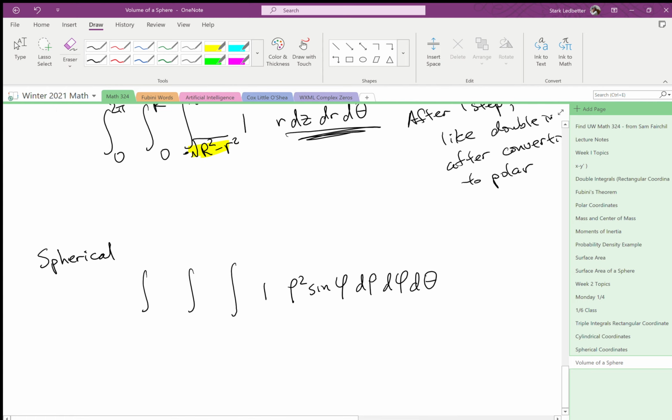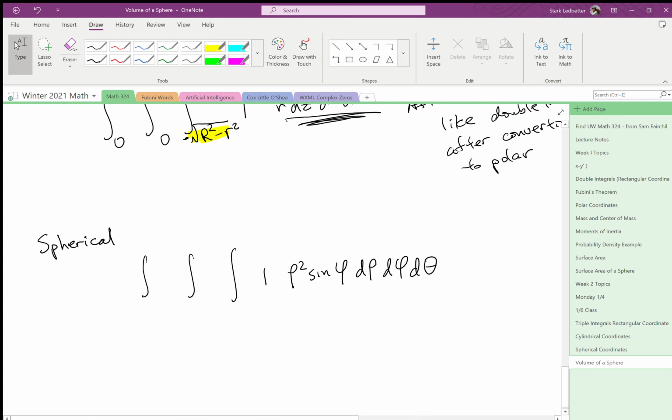Okay, let's see, spherical coordinates. So rho is going to go from 0 to R. Phi, the full range of phi, let's see. Draw axes, full range of phi, it starts at 0 at the z-axis, goes all the way to pi, right?